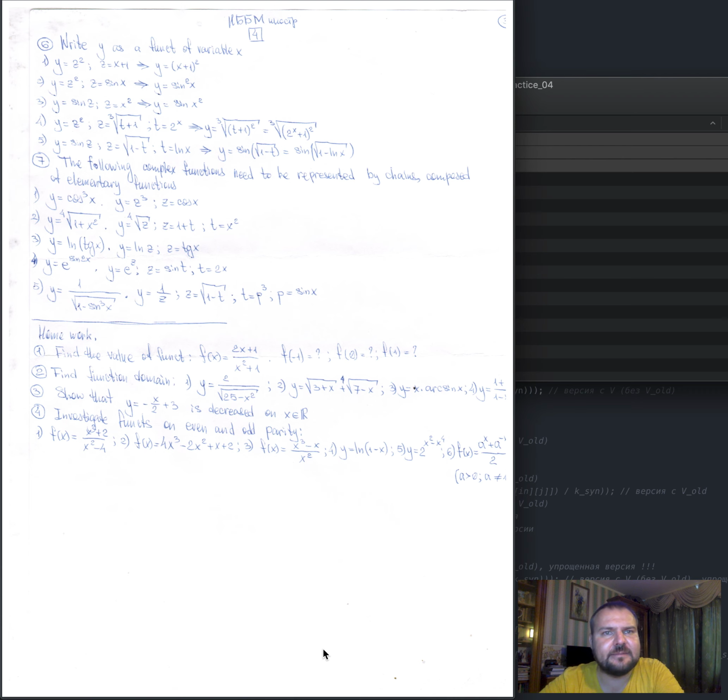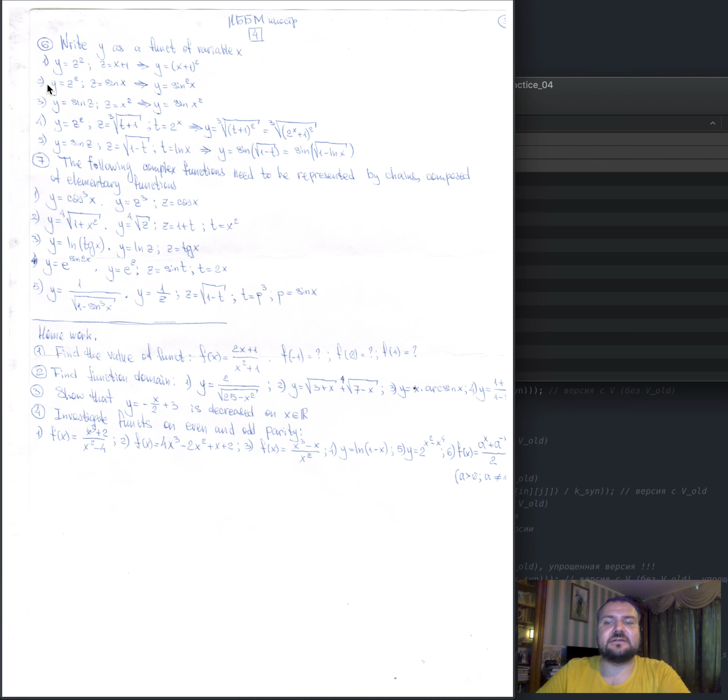So example number 6. Write y as a function of the variable x. It is a simple type of example. For example, the first: y is z squared, where z is x plus 1. So we replace that letter with x plus 1 and we get y equals (x plus 1) squared.